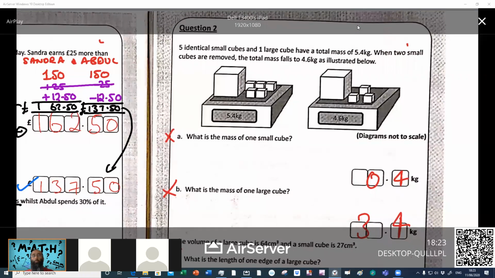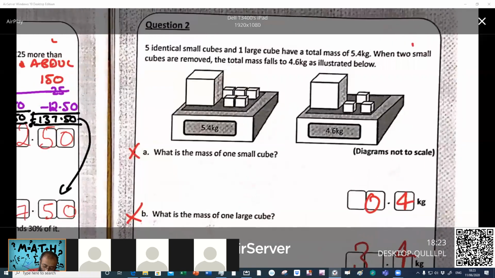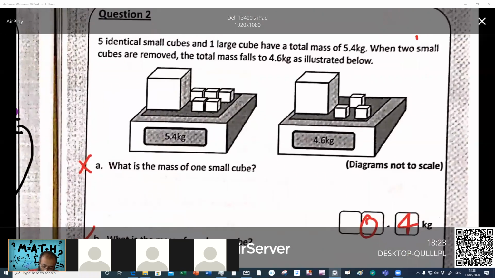Okay, question number 2, Eliza, quickly. Eliza, microphone on, please. What you have to do is read the question. 5 identical small cubes and 1 large cube have a total mass of 5.4 kilograms.